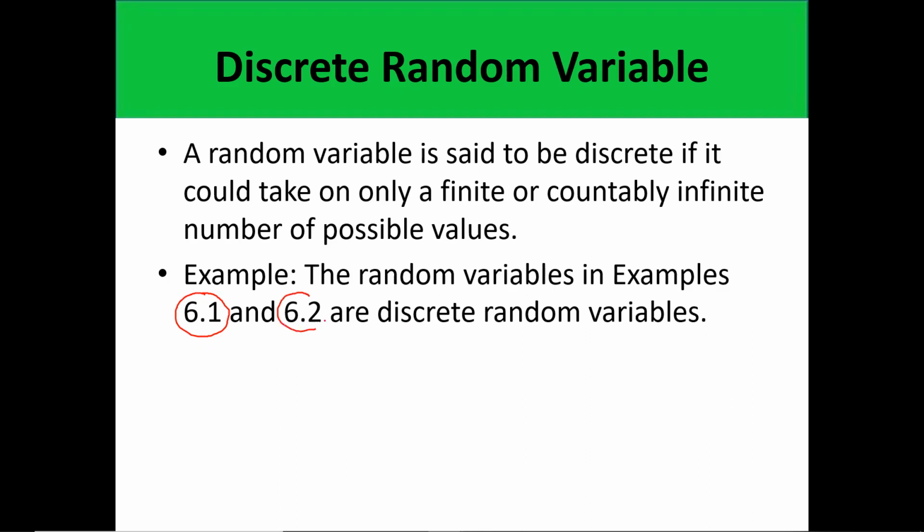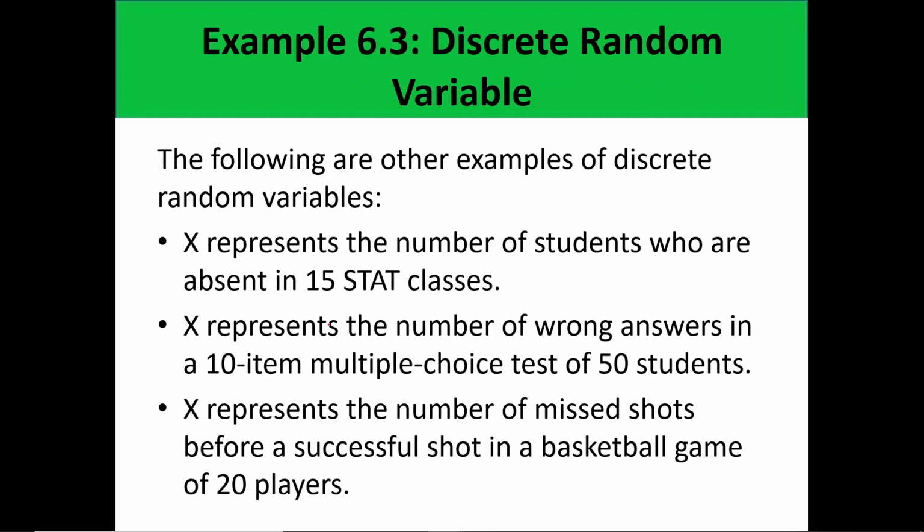Now for example 6.2, the random variable defined is the number of queens. And number of queens is an example of a discrete quantitative variable. So therefore, it's a discrete random variable. Other examples of discrete random variables are as follows. Suppose that there are 15 statistics sections, and we let x be the number of students who are absent in those 15 sections.